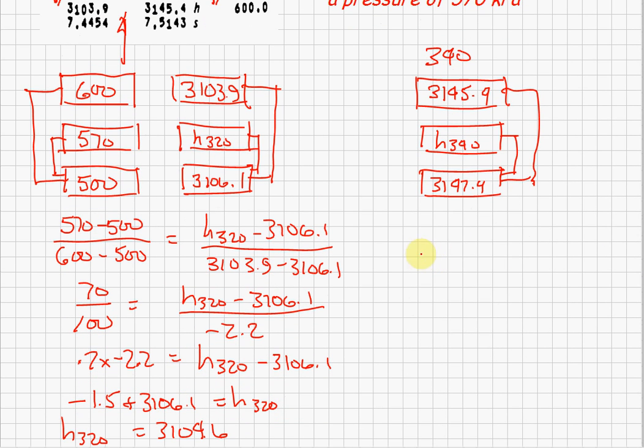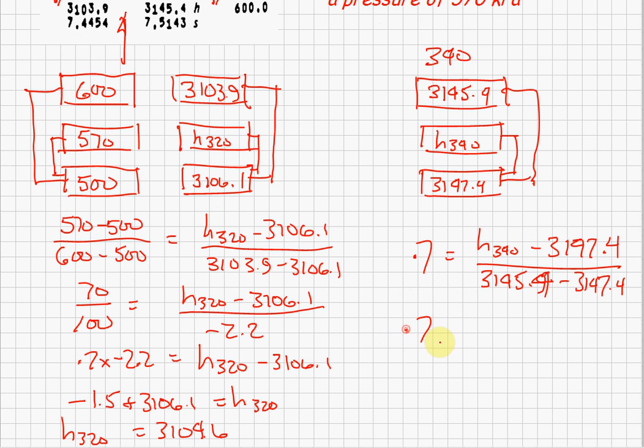And so in this case, I'm going to have 0.7 equals H340 minus 3147.4 over 3145.4 minus 3147.4. Whoops, bad writing. And if I do that, I get 0.7 equals H340 minus 3147.4 over minus 2.